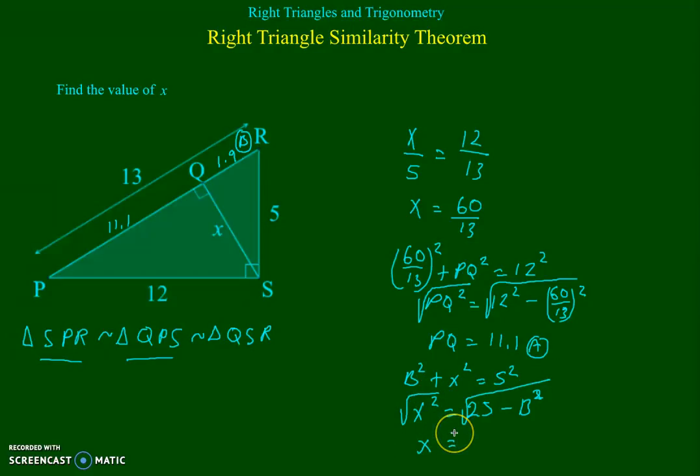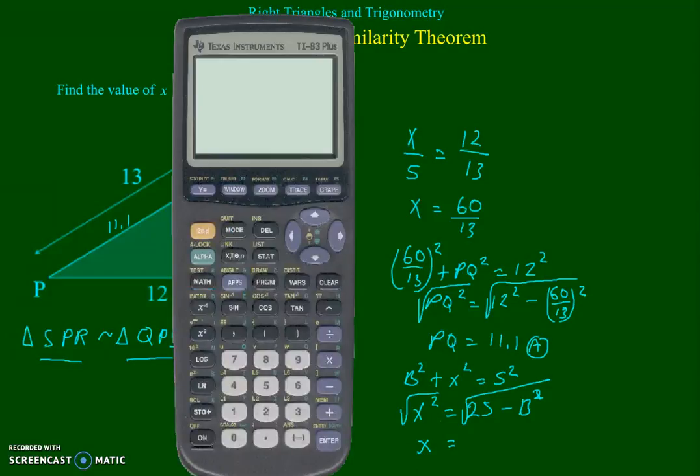X equals, let's bring up our calculator, and we have 25 minus B squared. This gives us 4.61.